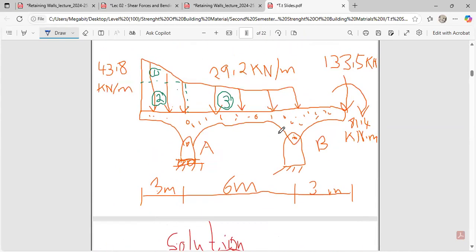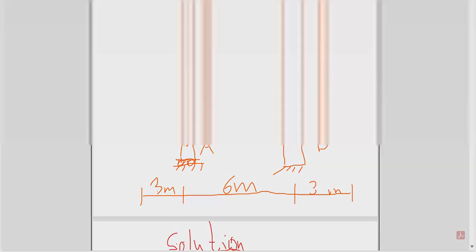The loaded intensity over here, you realize that the first one is at the very top. I can see 2 loaded intensities over here. Okay, that is 43.8 and what? 29.2. Okay, good. If you want to know the loaded intensity for section 1, you have to subtract the 29.2 from the 43.8.